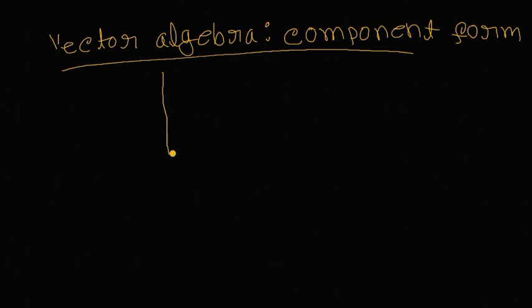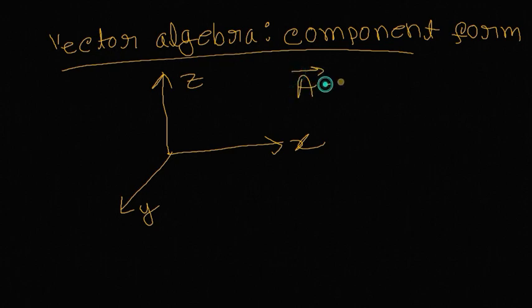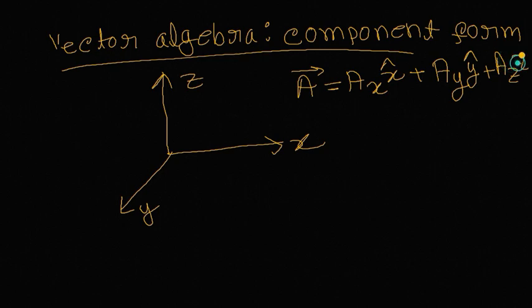If we take x-axis, y-axis and z-axis, we can represent any vector A in terms of these three, as component on x-axis is Ax, and then the unit vector of x-axis is x cap, plus component on y-axis is Ay, and unit vector on y-axis is y cap, plus component of z-axis is Az, and unit vector on z-axis is z cap.